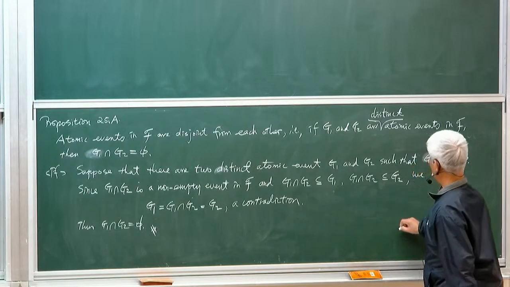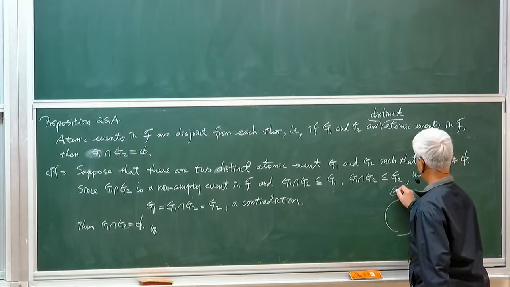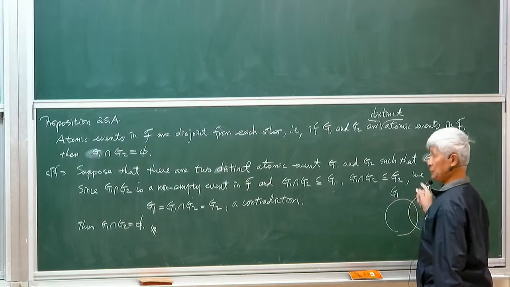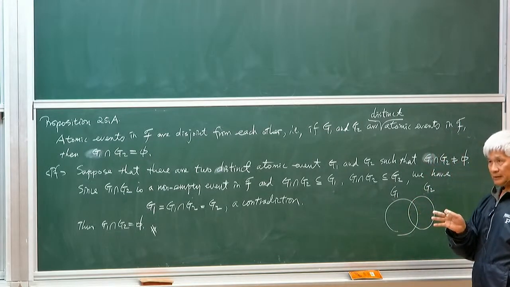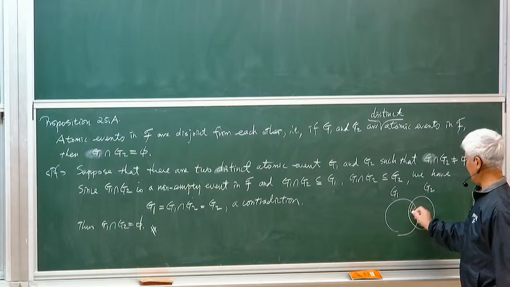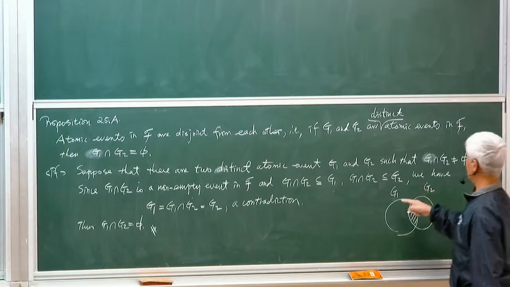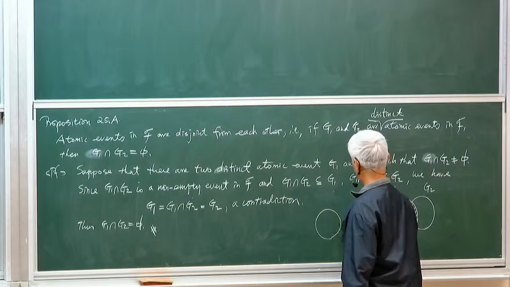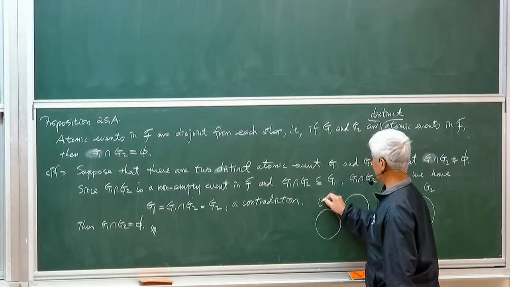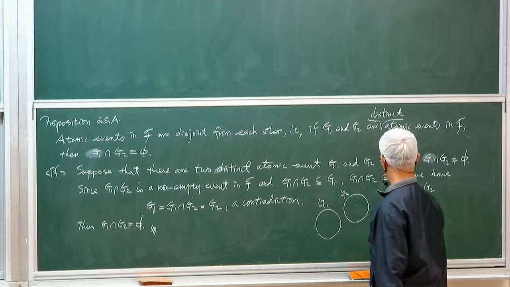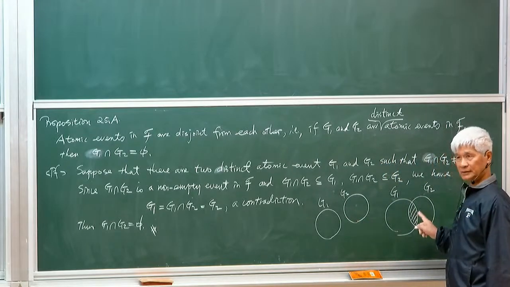Okay, so G1 is here. Suppose G1, G2, these two are distinct atomic events. And suppose they have a non-empty intersection here. Because for two atomic events, there are only two cases, right? Either they are disjoint, or they have non-empty intersection.